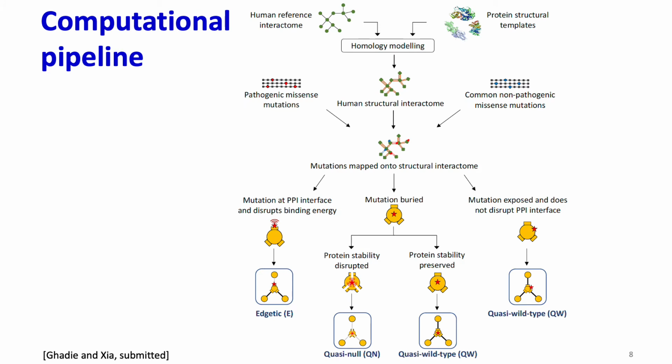Here's our computational pipeline for using the structural interactome to predict mutation edgotypes. We started with 2 high-quality, experimentally determined human reference interactomes.